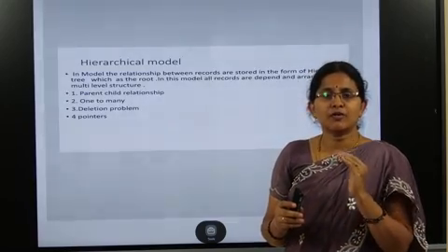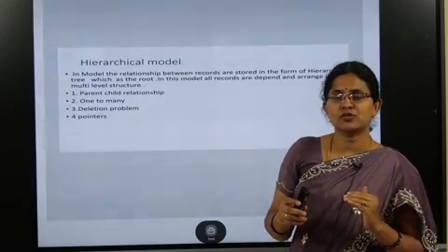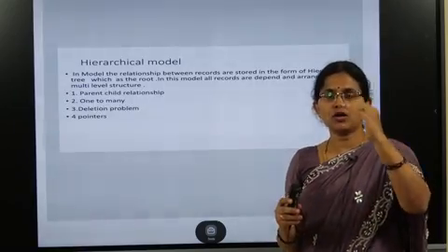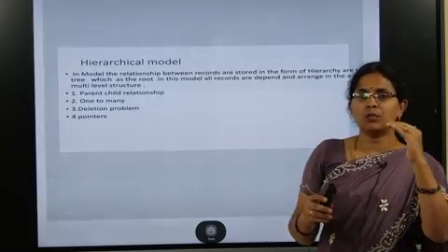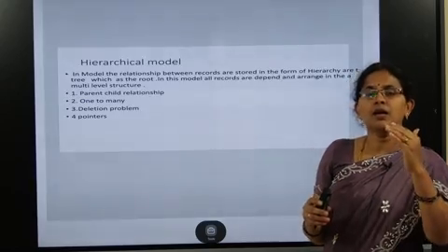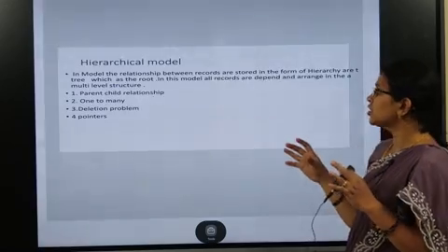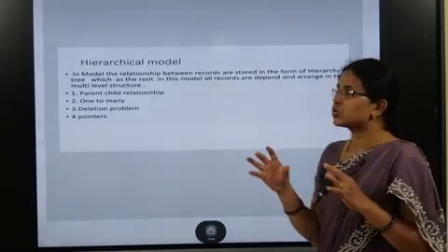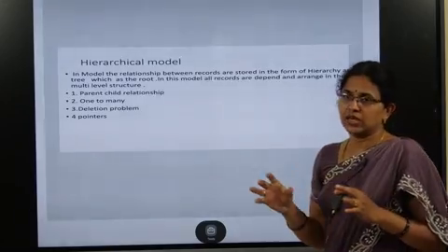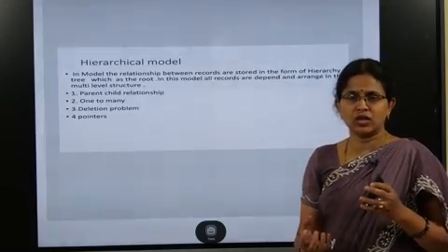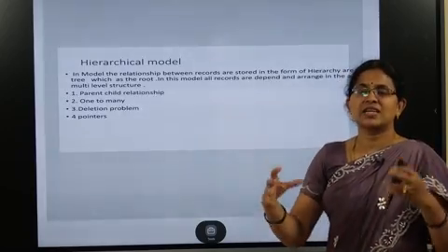The name itself defines whether the information has to flow from bottom to top or top to bottom. Hierarchy means one over the other. In this hierarchical model, the relationships between the records are stored in the form of a hierarchy of a tree. A tree contains a root, stem, branches, leaves.